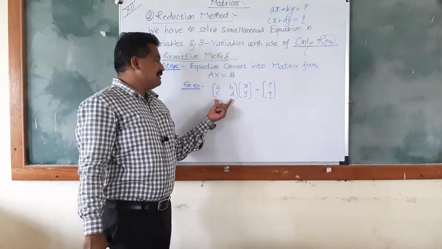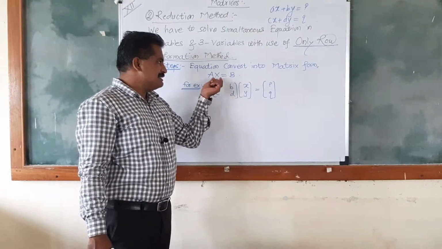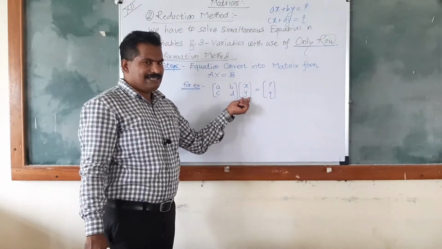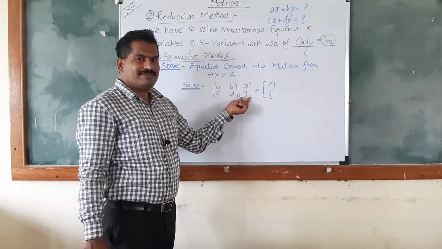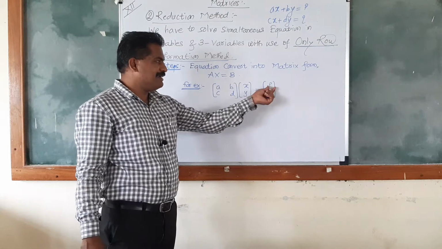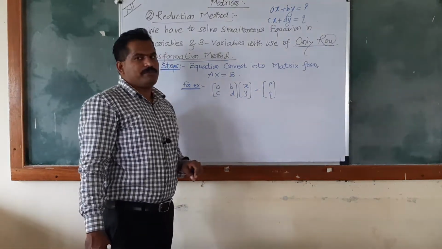The first matrix ABCD is a 2 by 2 matrix. Second is X, Y, a 2 by 1 matrix, and here a 2 by 1 matrix PQ.